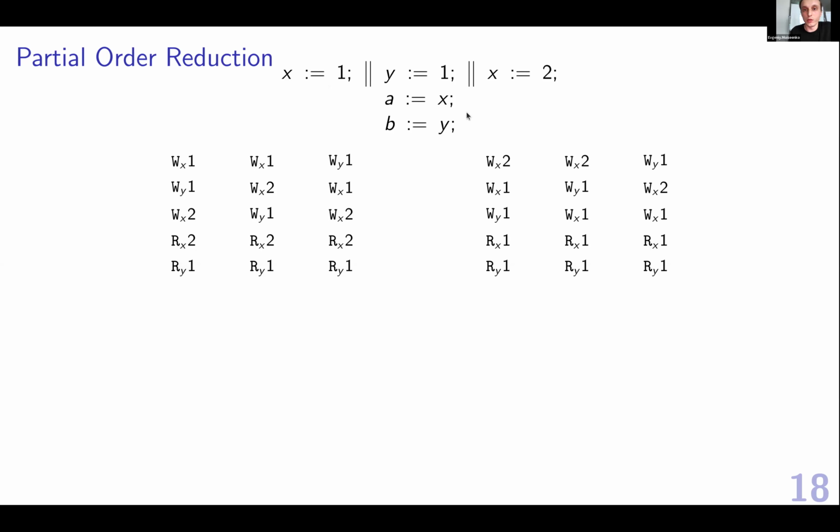No matter what order we execute them in, the end result will be the same. This is the main idea behind partial order reduction: we can split all the traces of our program into equivalence classes, and then from each equivalence class, we can pick just one representative trace to check.